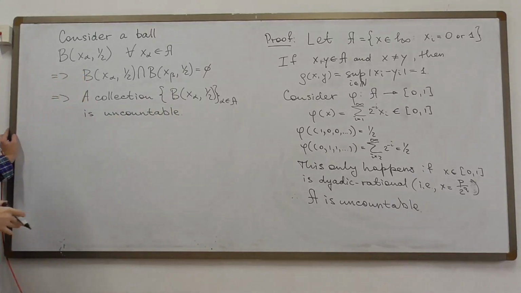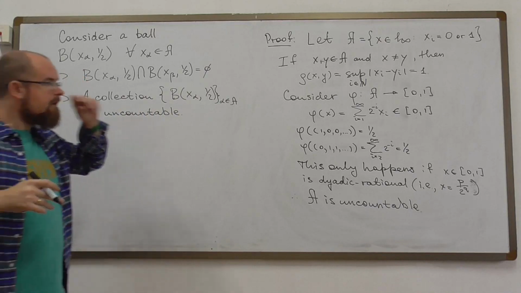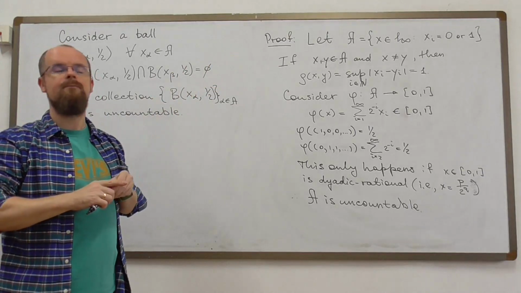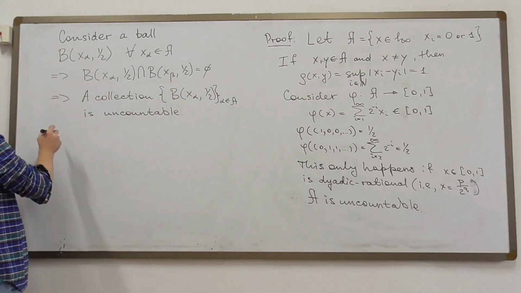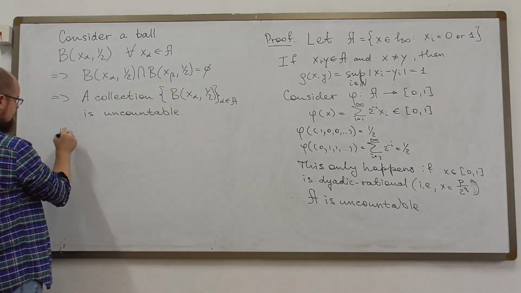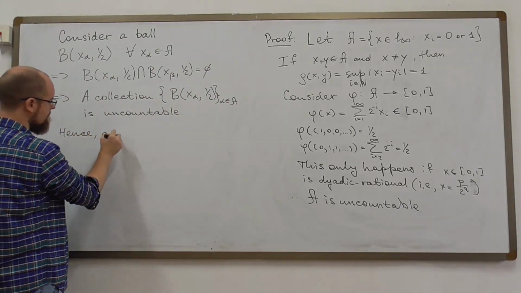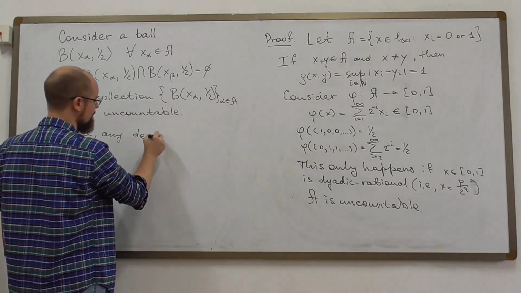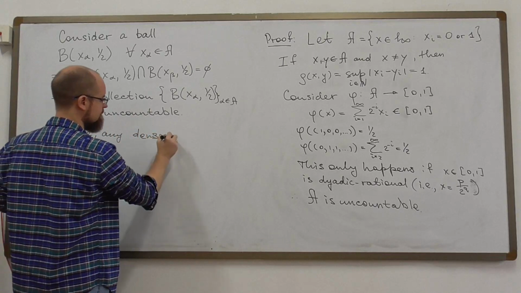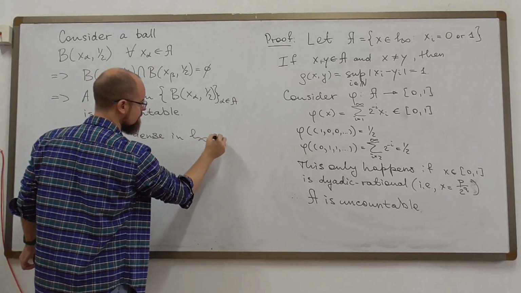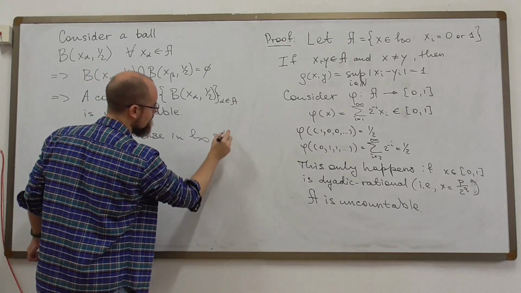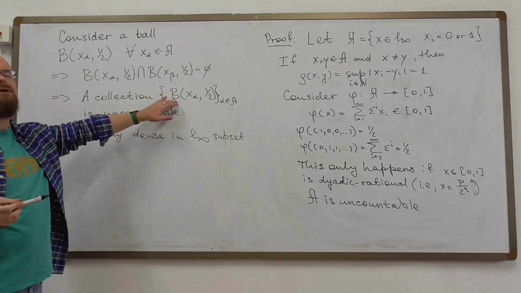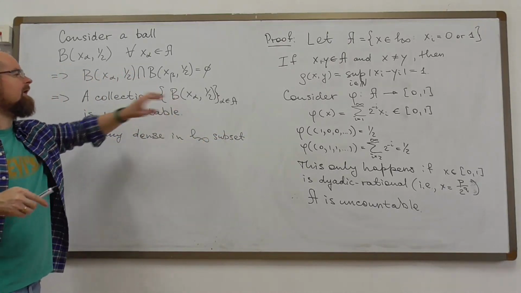So if there exists a countable dense subset in L infinity, or rather just dense, so any subset which is dense in L infinity should contain at least one point from any of these balls.